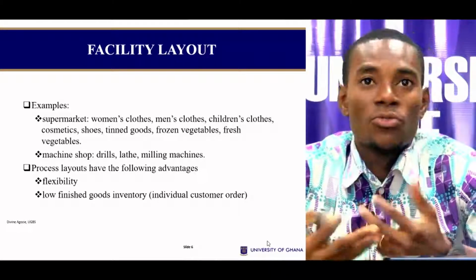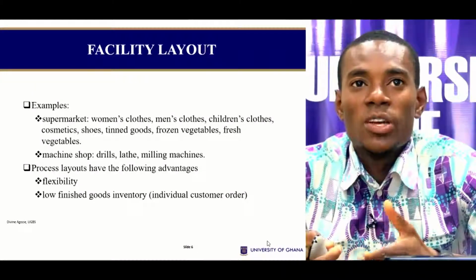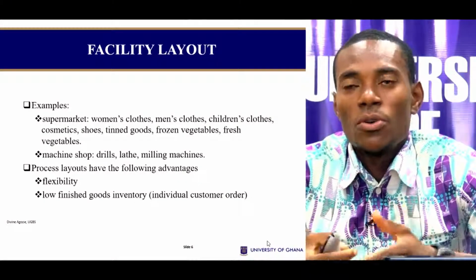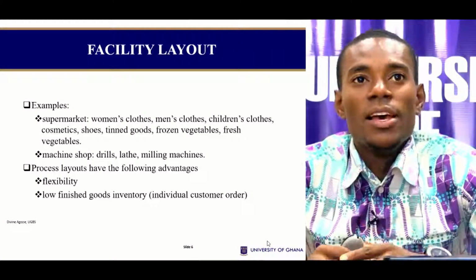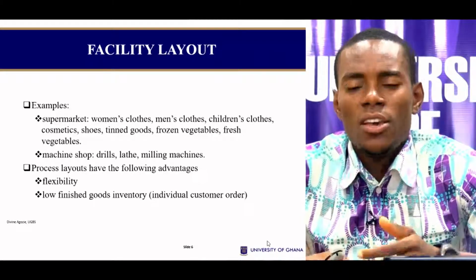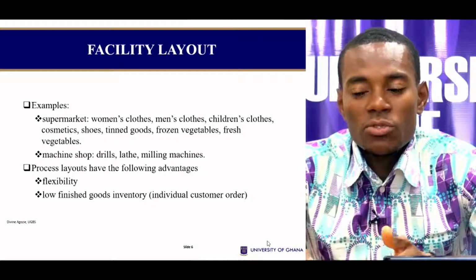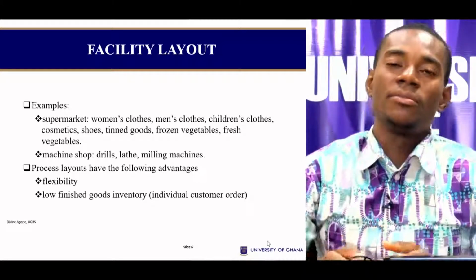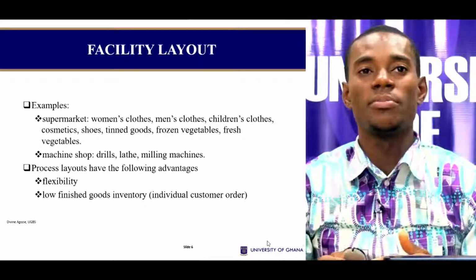Drinkables you find on a shelf somewhere, not where you find shoes or tinned items. And for a machine shop, you also find a drill, a lathe, a milling machine. All these things are placed according to the functions they perform.